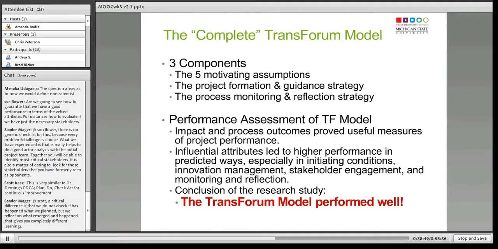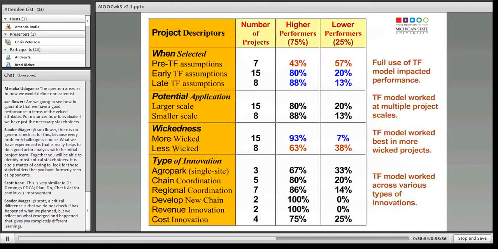Now, before I turn to articulating the operating principles that come out of this Transforum work, let me bring to the forefront a couple of additional patterns that we saw in the research work. For example, across these 30 projects, 7 of the projects were actually formulated before the Transforum staff was fully in place.